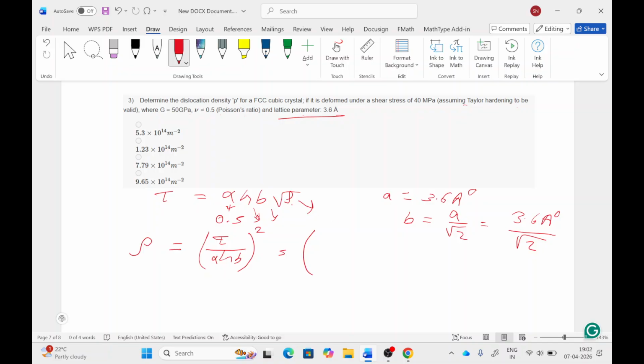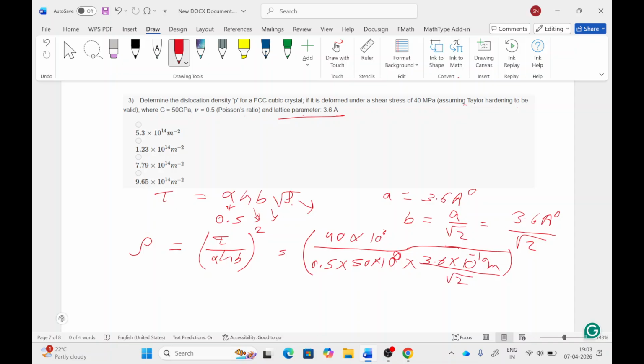So by putting values, 40 times 10⁻⁶ divided by 0.5 into 50 into 10⁻⁹ into Burgers vector 3.6 into 10⁻¹⁰ meter by root 2.